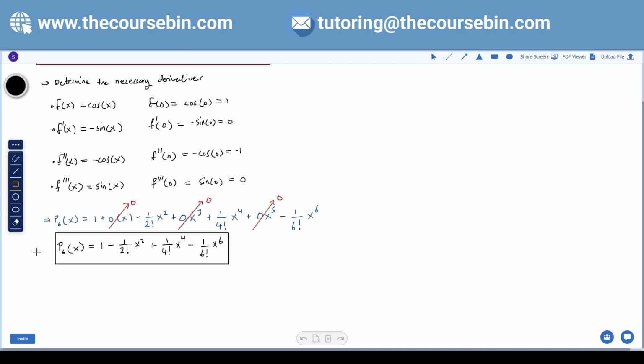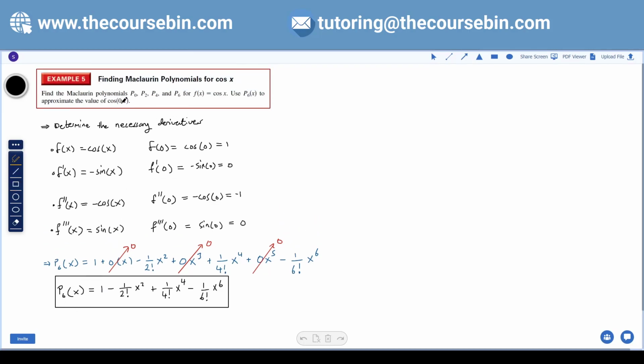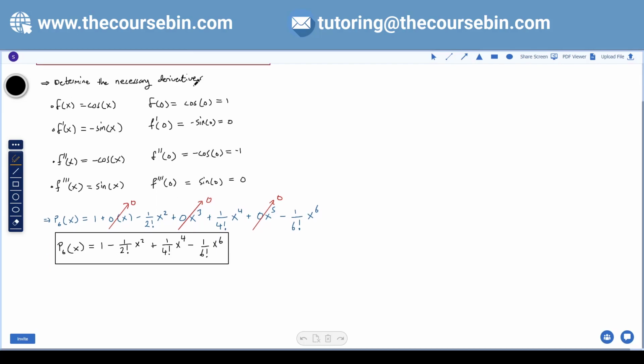Okay, so the next part is to evaluate P6 at 0.1. This is approximately what cosine equals when you're really close to 0. So we're going to evaluate our P6 at 0.1, and then compare it to the actual cosine of 0.1.